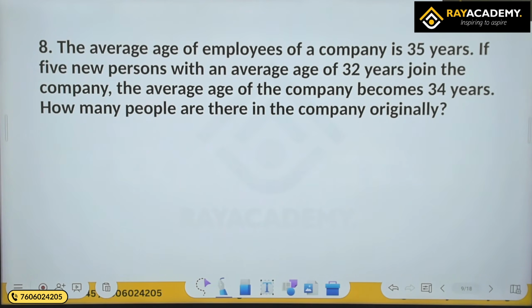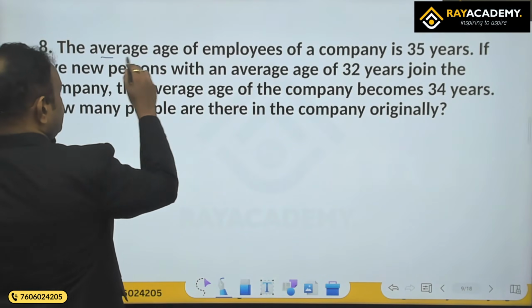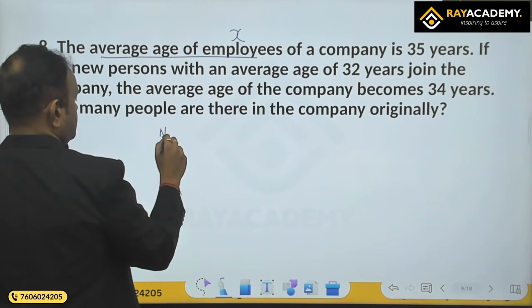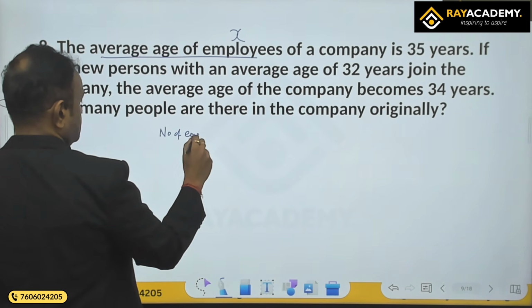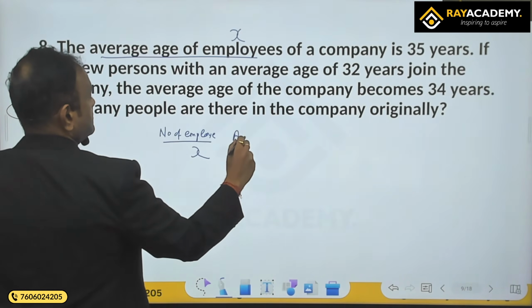For this kind of question, first you have to see what the earlier total is and what the new total is. Initially the average age of employees was 35, and how many employees I don't know, let it be x. So the number of employees was x, average 35.